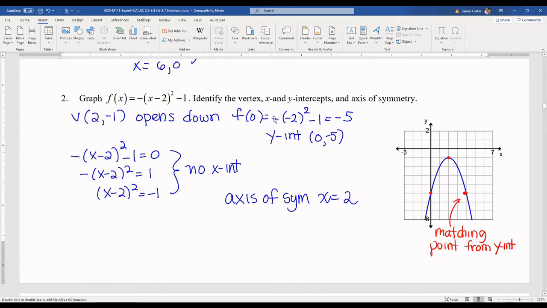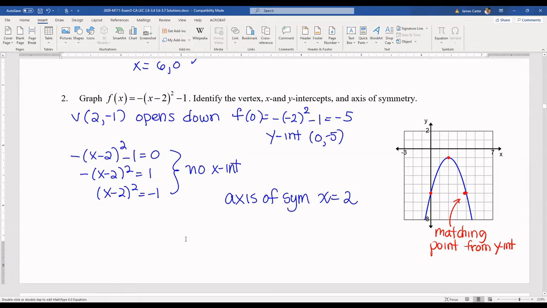Okay, right here's the notation on what I just said. So our y-intercept is (0, -5) right here. Now, we can find this point by its 2 places to the line of symmetry, so 2 more places would give us another point right here.